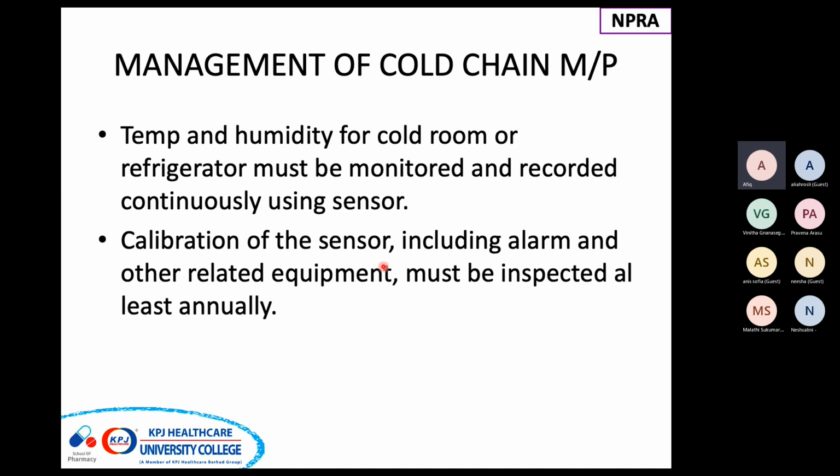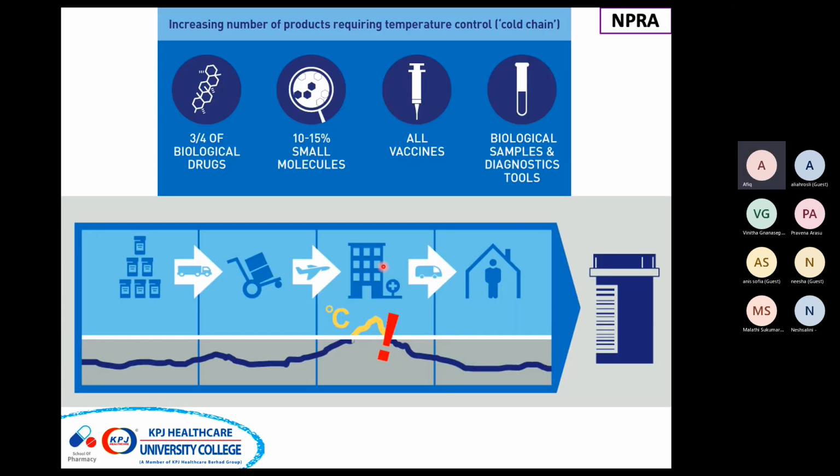So let's say it drops below a certain temperature, then the alarm will sound and let you know. This is an example of the increasing number of products requiring temperature control, or what we call cold chain: biological drugs, small molecule drugs, all vaccines, biological samples, and also diagnostic tools.